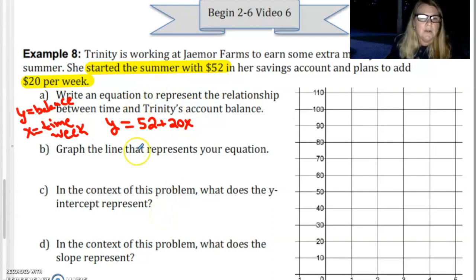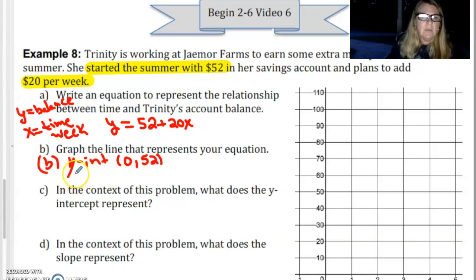It's in slope-intercept form, so when we go to graph it, we're going to pick out our y-intercept, which is the b value. Our y-intercept is the one that's by itself, so it's 52. So it's (0, 52).